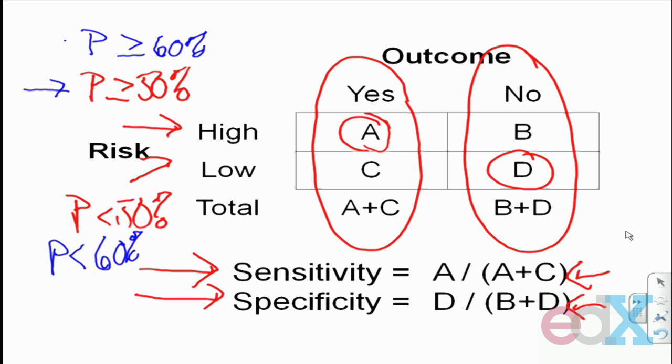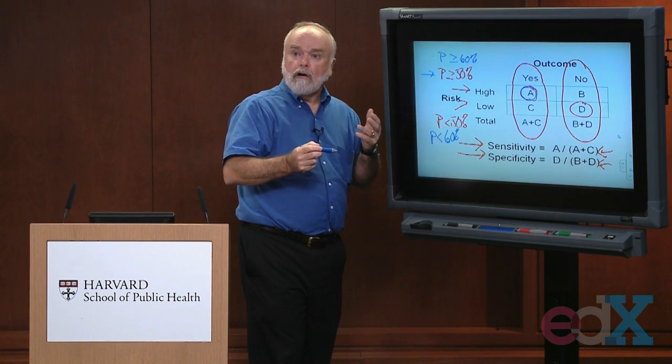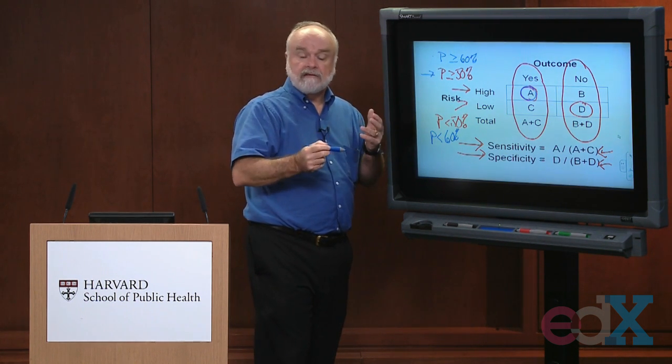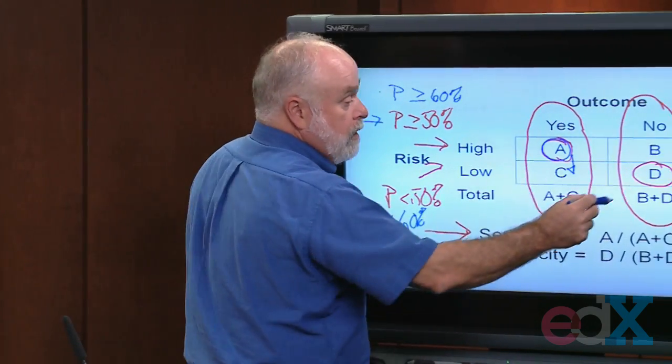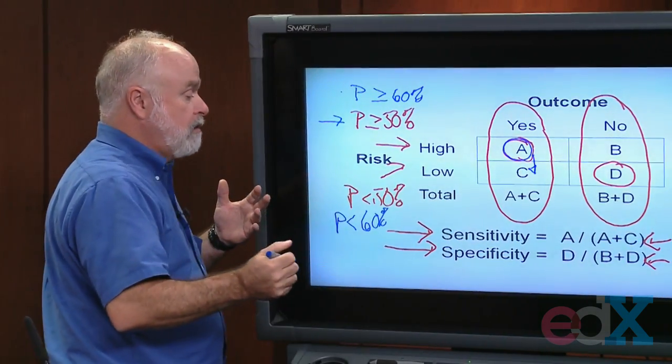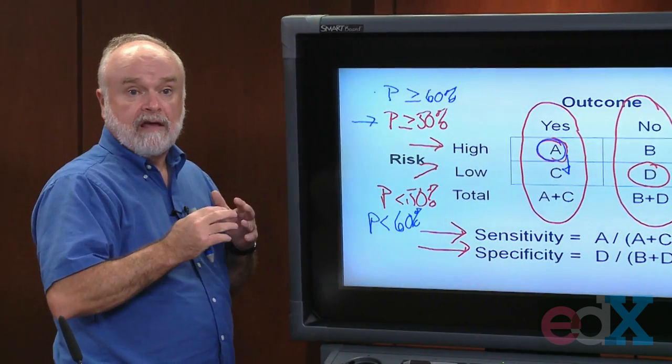So some of these people in the A group who before were called high risk because their risk was bigger than 50%, some of them are no longer going to be high risk. They're going to be reclassified as low risk. So there's going to be some movement of people in the A cell moving down to the C cell. A is going to get smaller. On the other hand, over here we had before people called low risk if their risk was less than 50%.